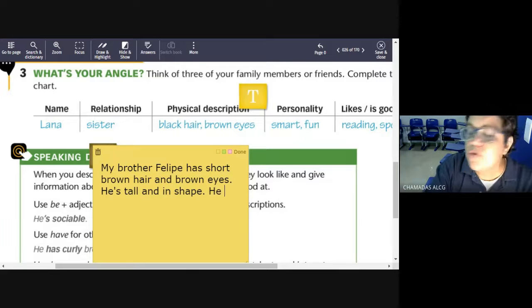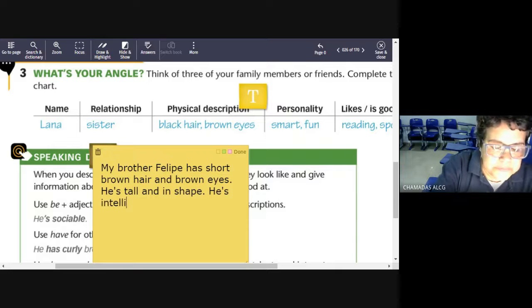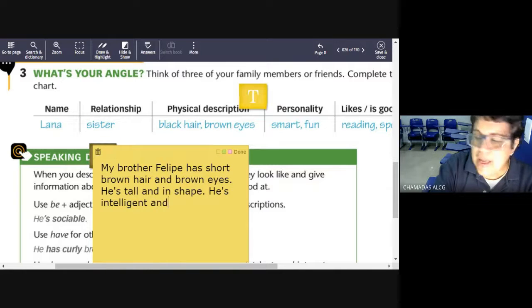Now, personality. So I'm going to use the verb to be. He is, okay? Or I can abbreviate and do like this, okay? So he is intelligent and hardworking. He works a lot, okay?